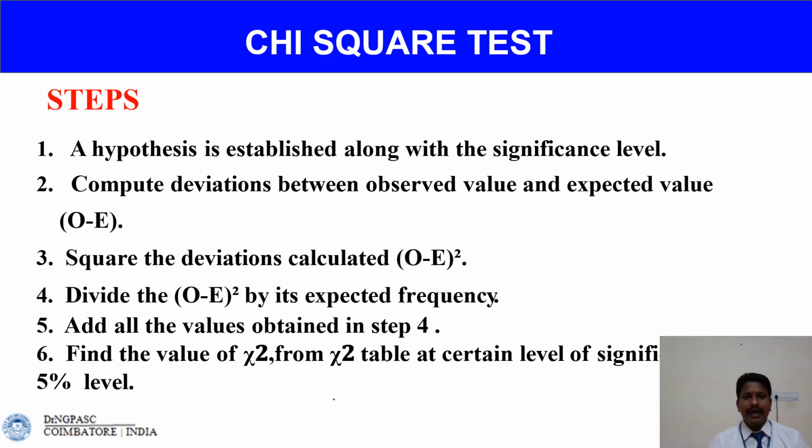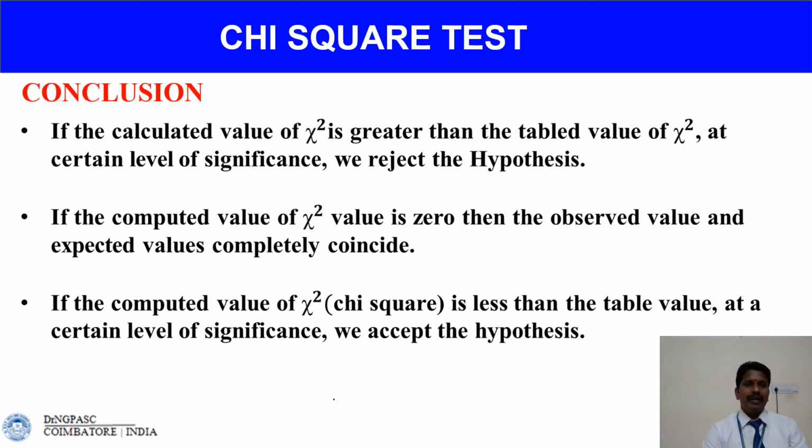That is, chi-square equal to summation of observed frequency minus expected frequency whole square by expected frequency. Point number 6. Find the value of chi-square from the chi-square table at a certain level of significance, at a 5% level.